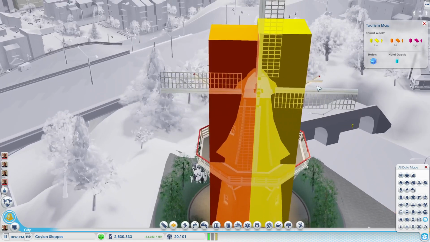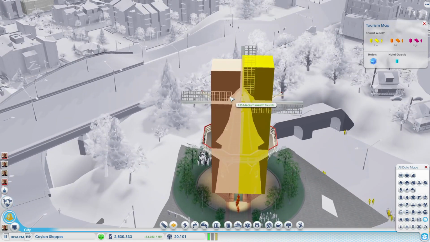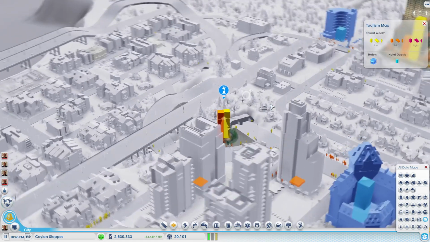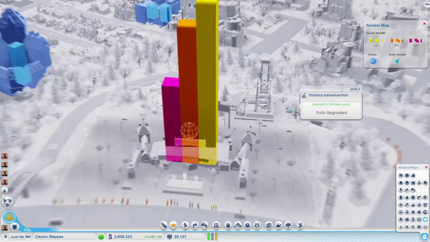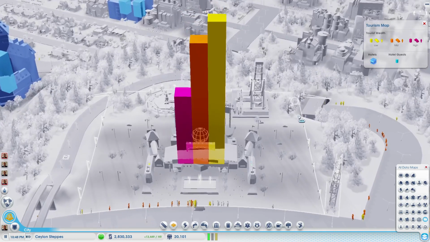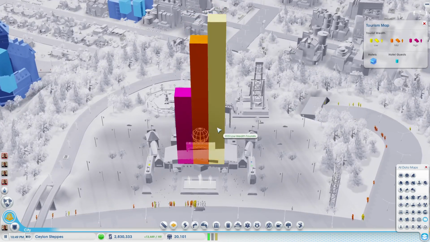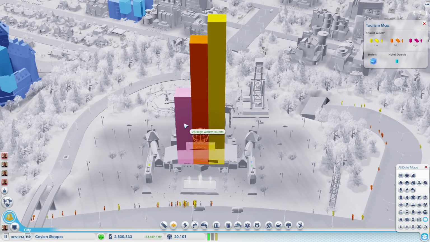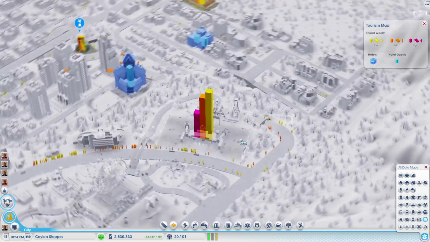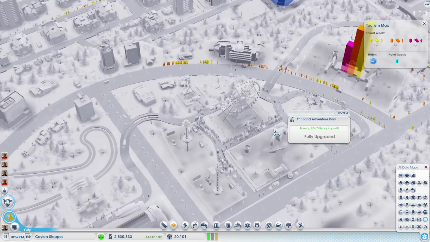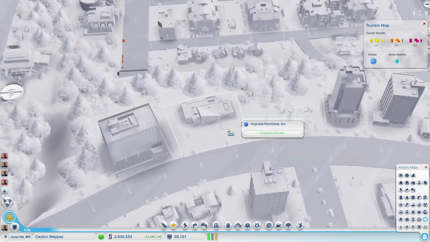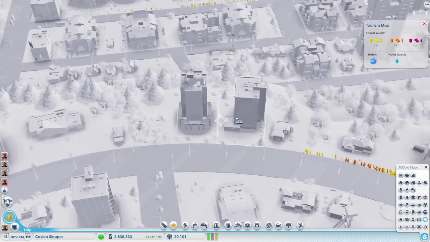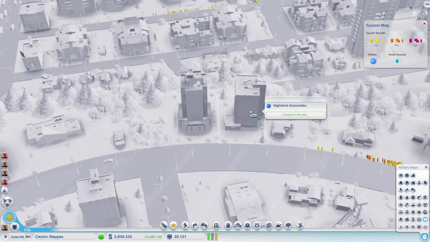Can't get much more even between low and medium. Let's see here. This should be closing soon. Look at that. I'm getting all three: low, medium, high wealth. If only one of these buildings would go hotel for me.